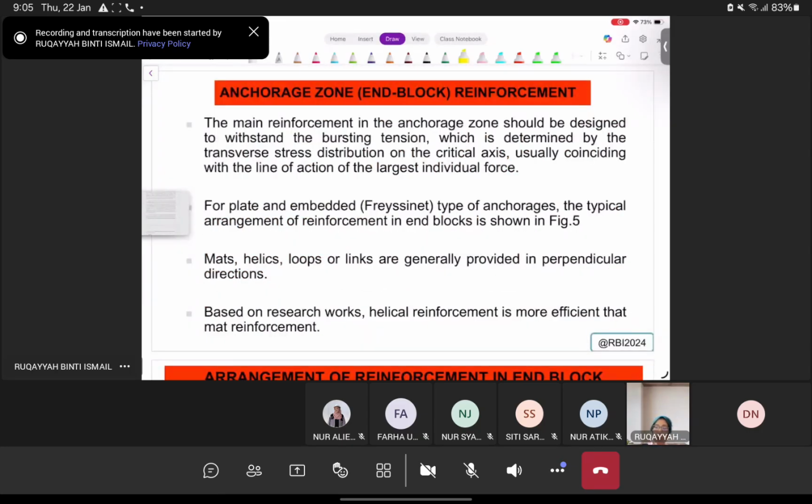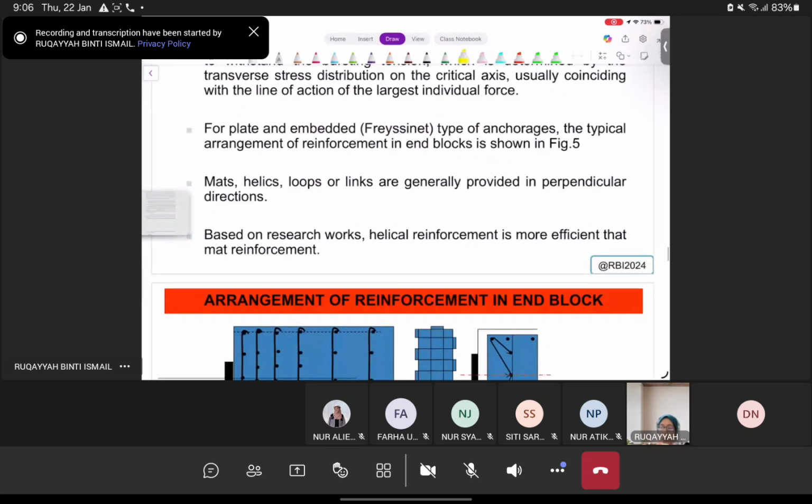All right. So anchorage. Okay, anchorage zone. It says that the main reinforcement in the anchorage zone should be designed to withstand the bursting tension, because that is the purpose of it, which is determined by the transverse stress distribution on the critical axis. Okay, so this is for plate embedded.